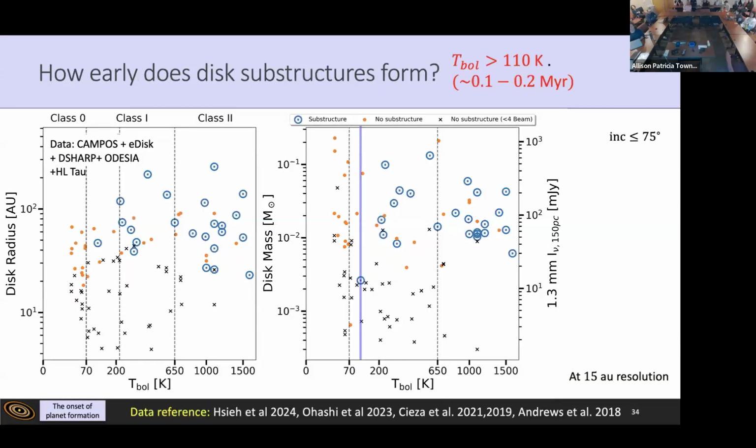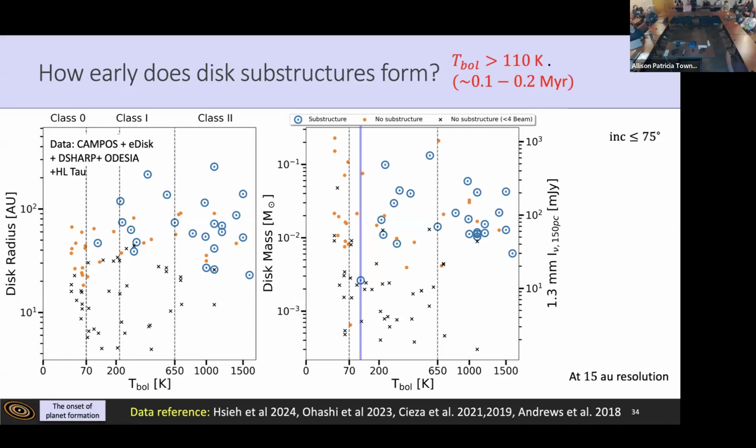So here is the main result from our CAMPOS survey. This is our CAMPOS survey plus the literature data from eDisk, DSHARP, and ODISEA. So on the y-axis, plotted are the disk radius and disk mass. The x-axis is the bolometric temperature, which you can see as a time axis.